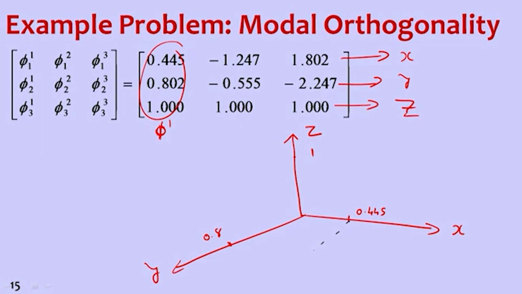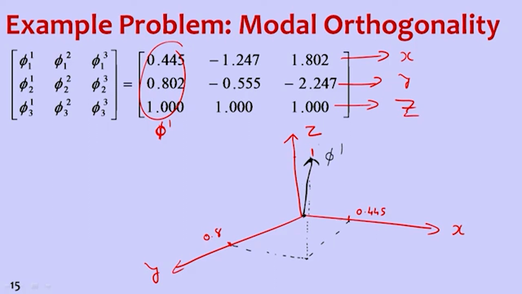So this was the x direction, here was the y direction, and if I go vertically in the z direction up to 1, I get this point as phi 1. Now if I connect it through the origin up to that point, I get this vector, going outward from the origin.